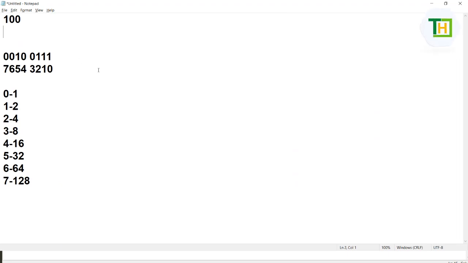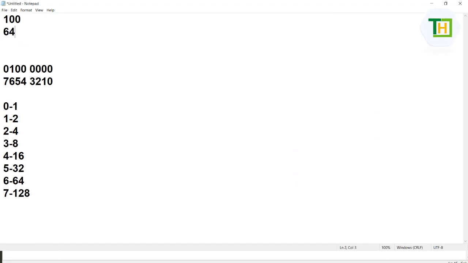What is the nearest value of 100 here? 64, 2 power 6, right? First of all, I'm going to modify all the values. 2 power 6 is going to be 64. 100 minus 64 is going to be 36.